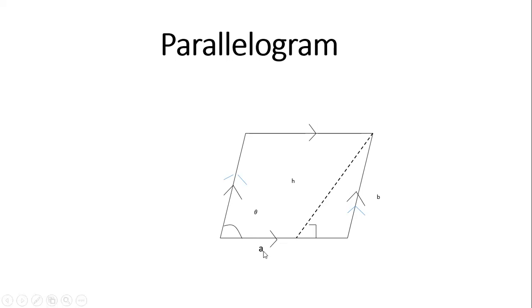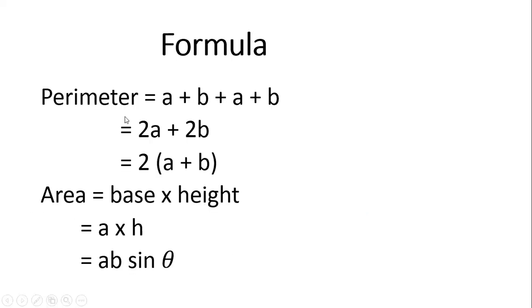So we have A times H, and we substituted for H earlier: H is equal to B sine theta. So substituting that for H, we have AB sine theta. That can also be done when you have an included angle, which is an angle formed from two lines, so the two sides are given.